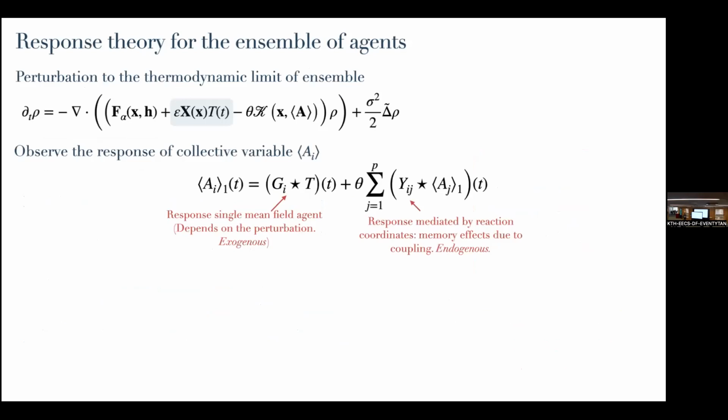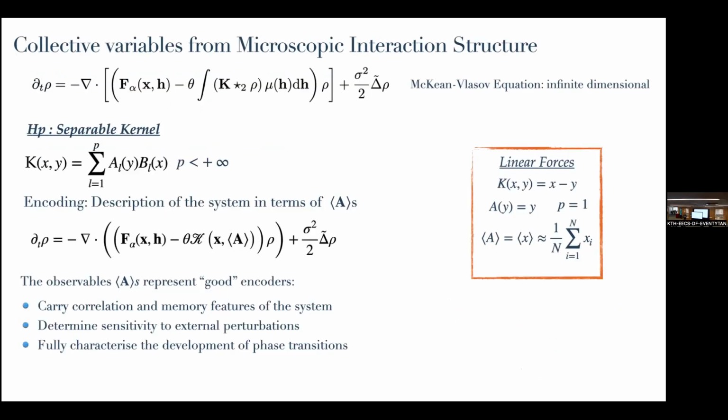Could you go back to it? Could you give me an intuition why these good order parameters would be exactly those that factorize your kernel?